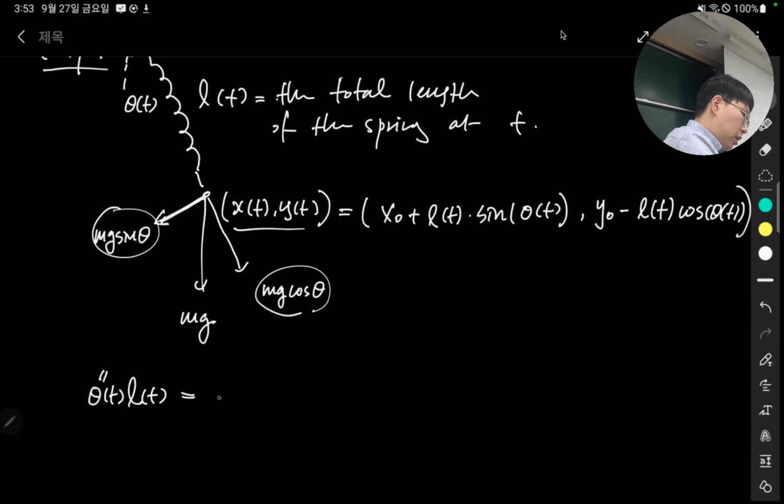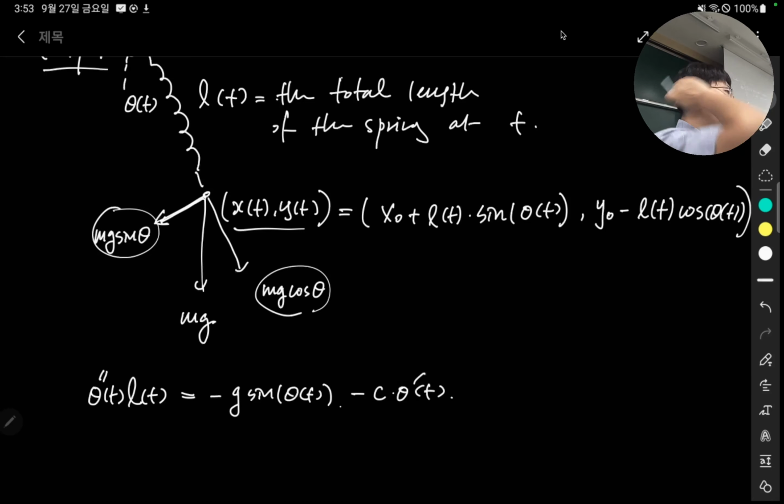So that's going to be minus g sine theta(t). If you want to take into consideration the drag or the resistance of the pendulum, you can add c times theta prime(t) as your resistance force.